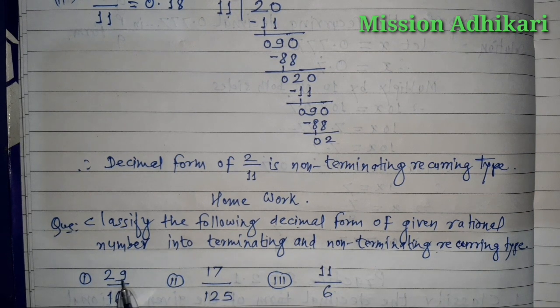First example is 29 upon 16, second is 17 upon 125, and third is 11 upon 6.